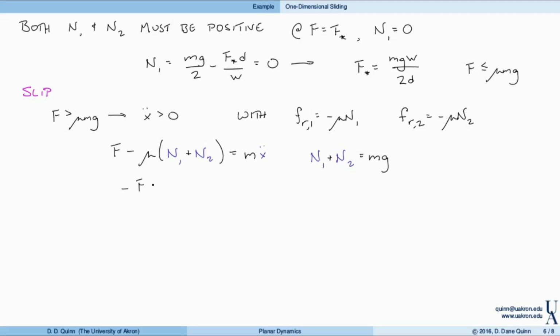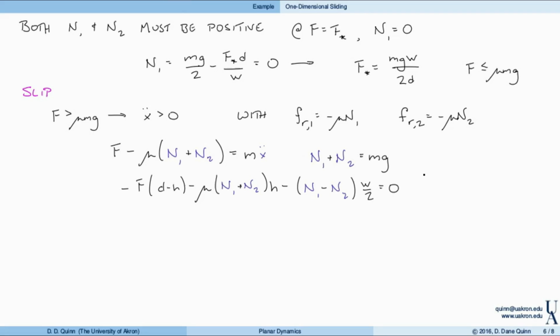And then finally, angular momentum balance: minus F times d minus h, minus mu times N1 plus N2 times h, minus N1 minus N2 times W over 2, equals 0.